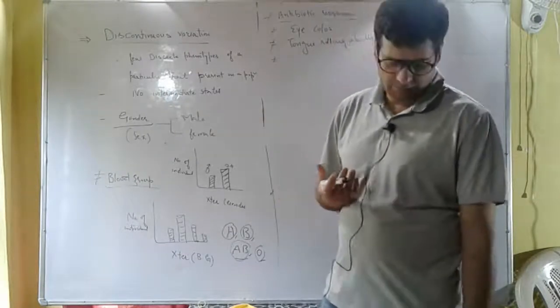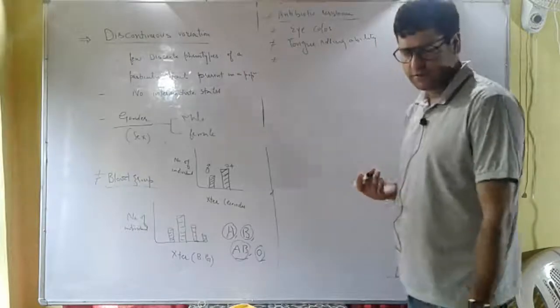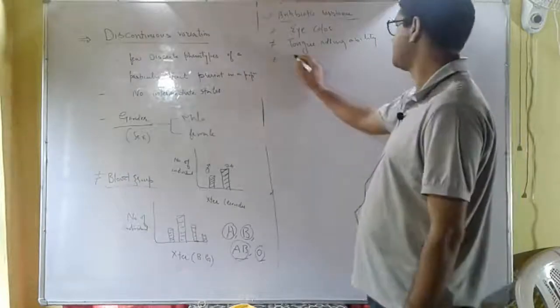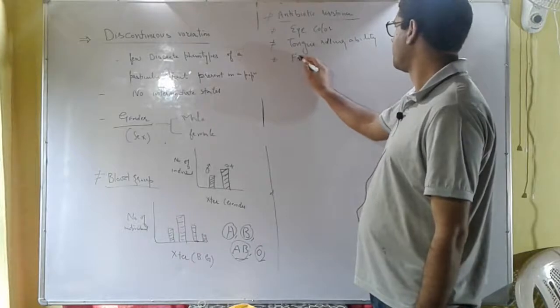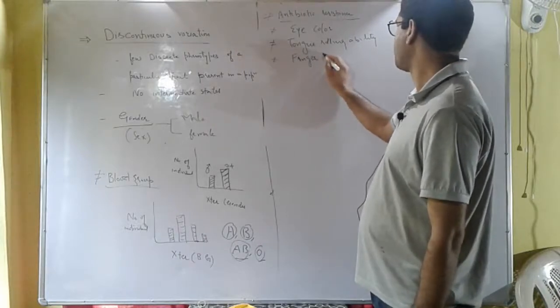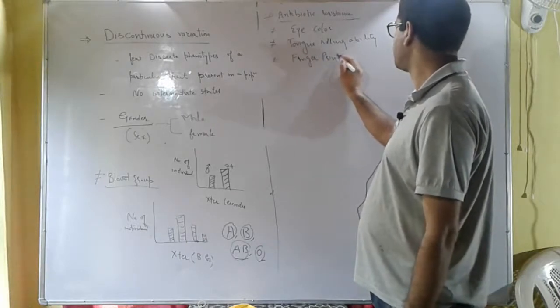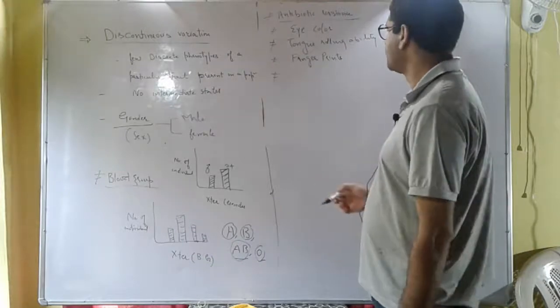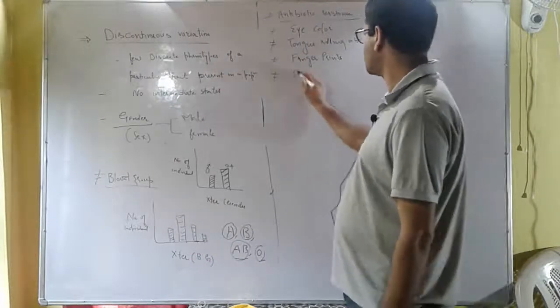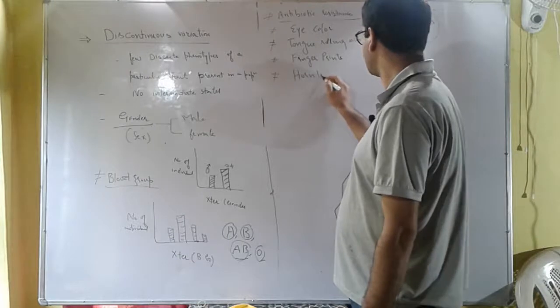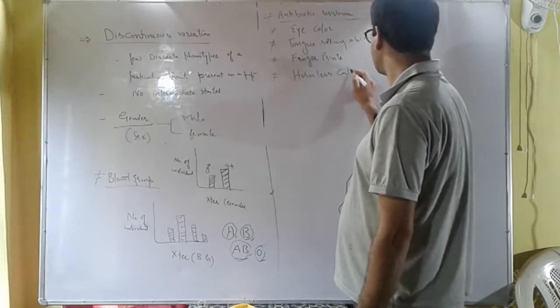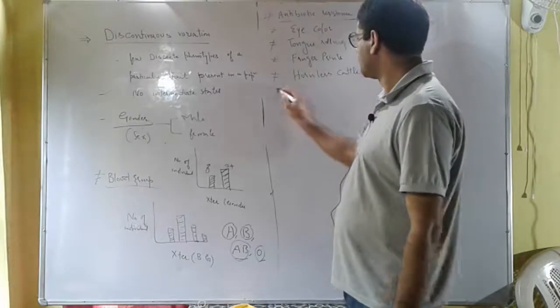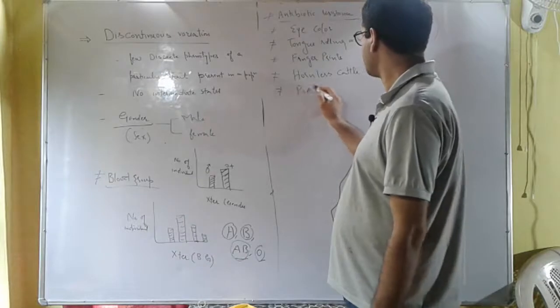So it is an example of discontinuous variation. The same is the case with fingerprints, hornless cattle, and piebaldism.